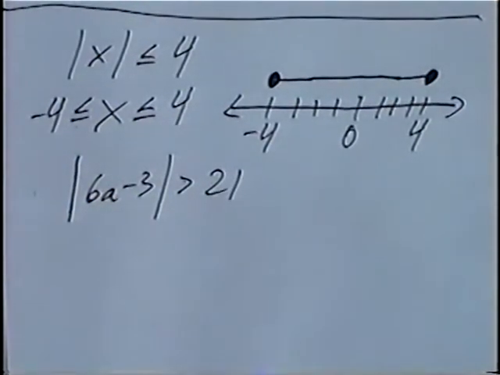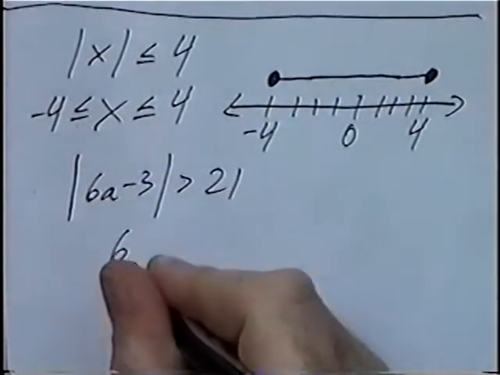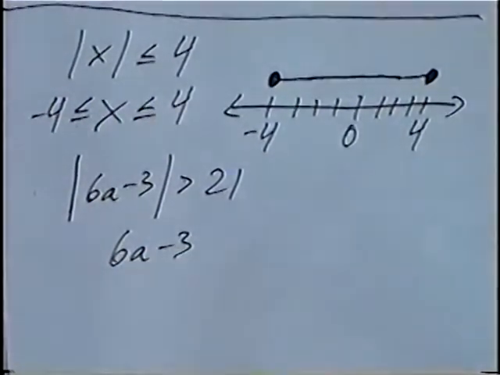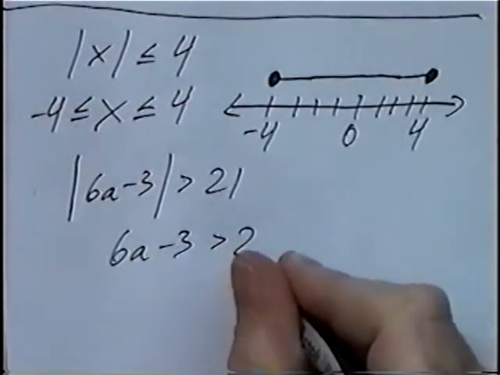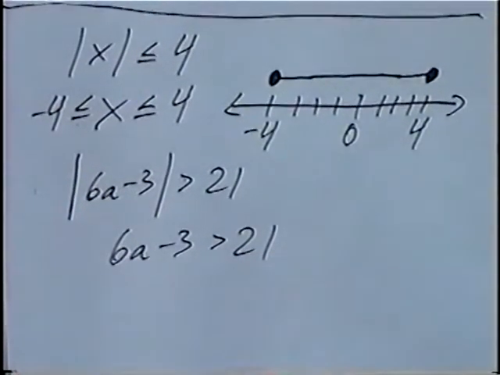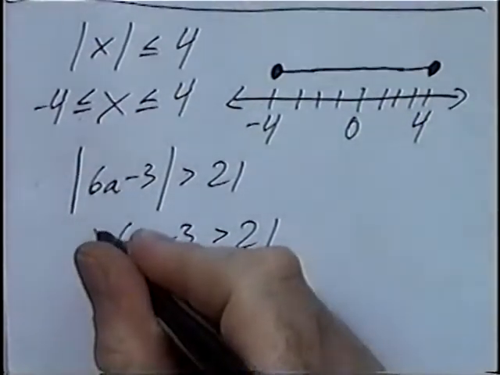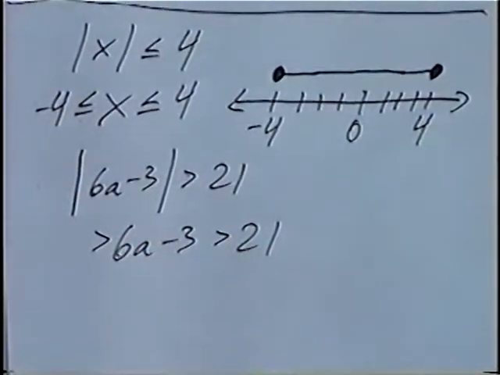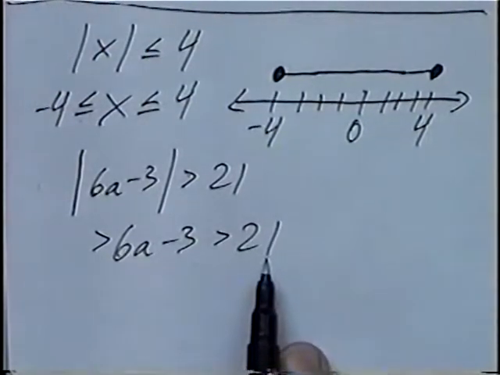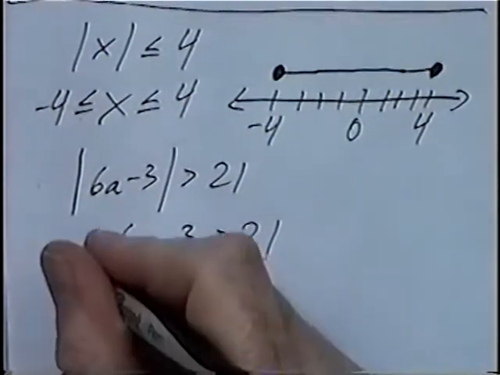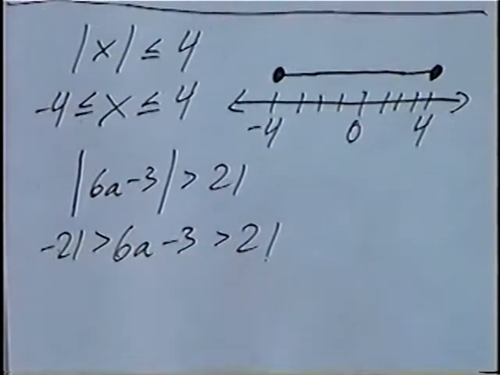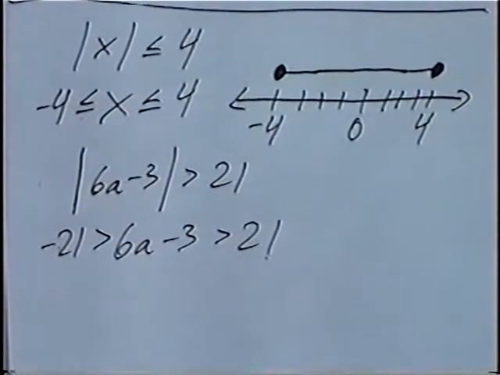And to get our inequality so we can graph, we can remove the absolute value, which is 6a minus 3. Greater than 21 stays exactly the same. And again, the greater than symbol will copy to the left-hand side of the expression. And 21 we'll put on the opposite side, but we'll also make it the opposite of 21, which is negative 21.